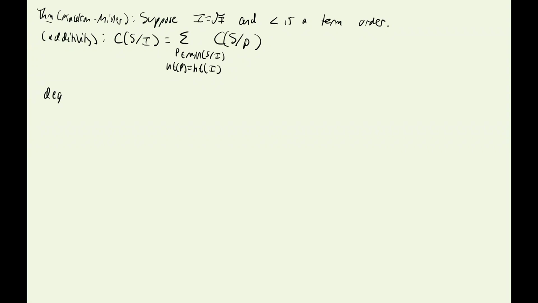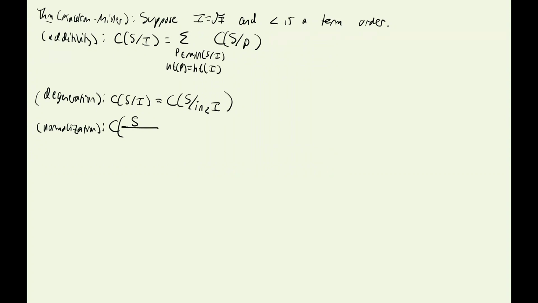We have degeneration. So this is C of S mod I is equal to, this is the only kind of degeneration we'll think about. So the multi-degree of the ideal we want to study is the same as the multi-degree of its initial ideal. And normalization, which is that the multi-degree of an ideal generated by variables is really easy to read off.